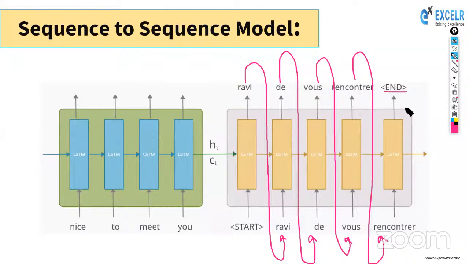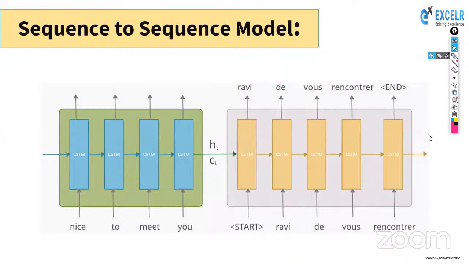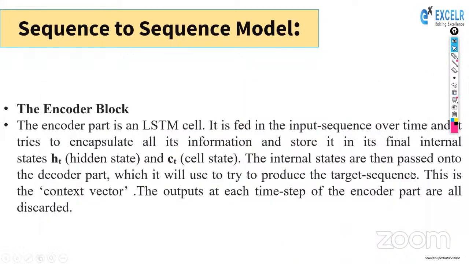So this start and end are nothing but tokens which are available in the encoder and decoder, so that the decoder will identify the starting position of the prediction and where it stops. Right? So this is how internally the encoder and decoder communicate with each other.